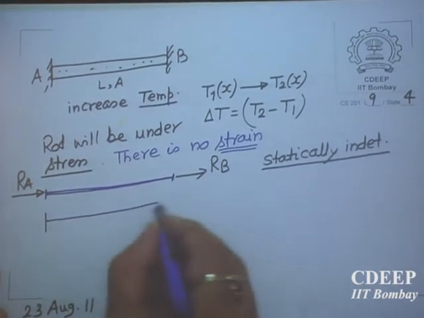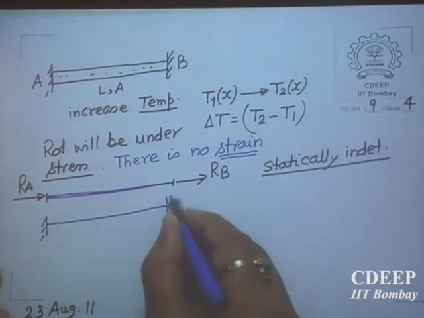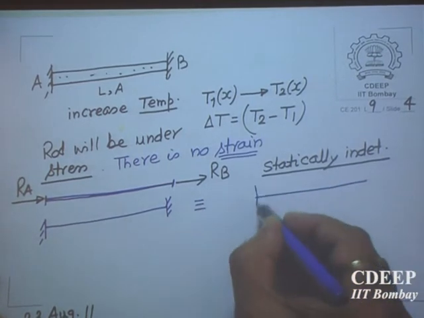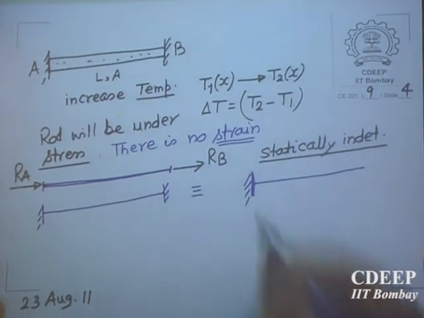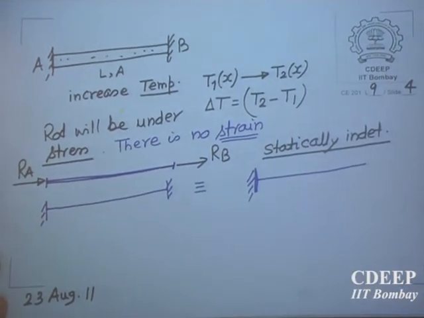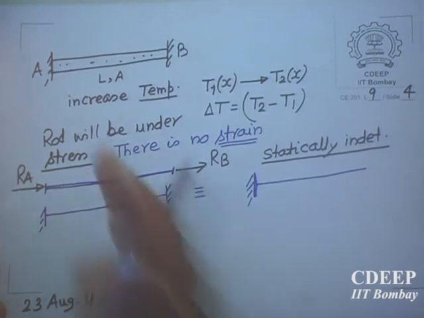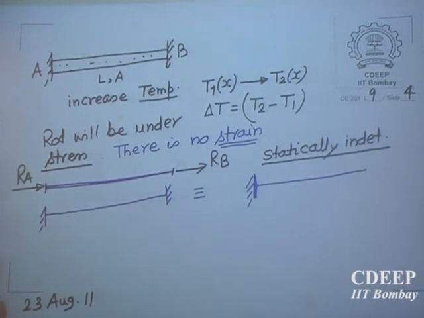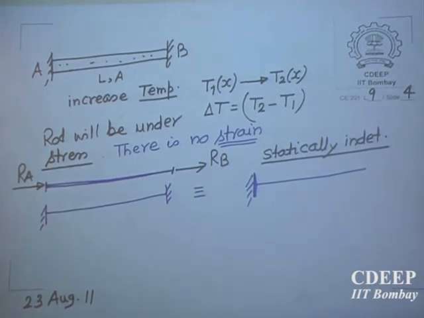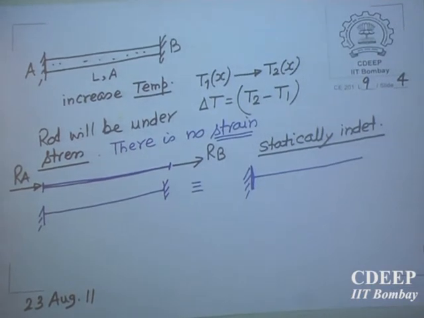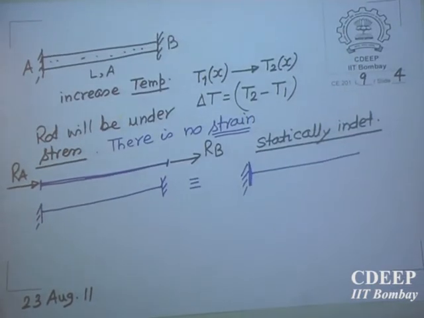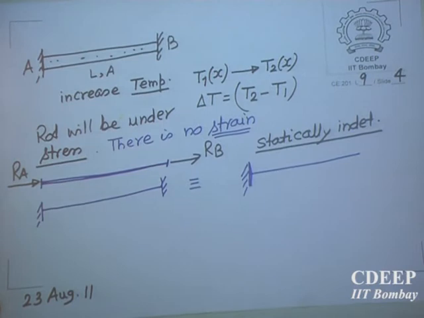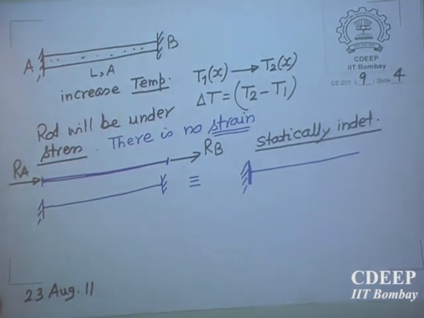My original problem is equivalent to a problem that is determinate. Determinate means like this: remove one support. That is the simplest thing to do. Somebody will try to remove the left support, someone the right support. That is okay, I have no problem. You decide which one is simpler for you to visualize. But for me it is okay. Left, let it be.